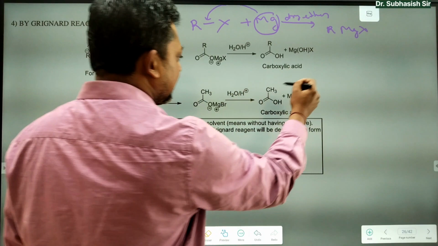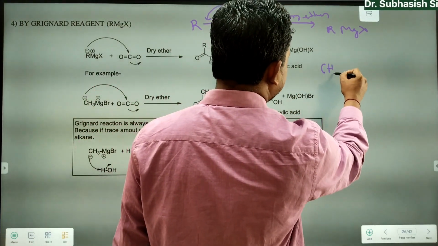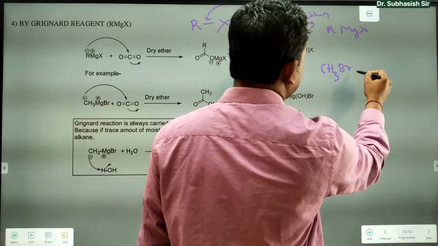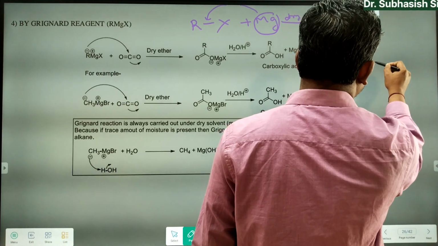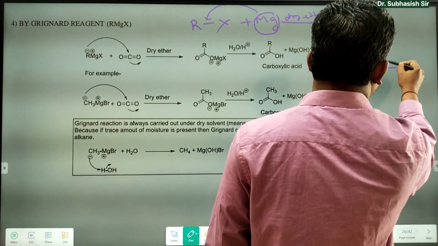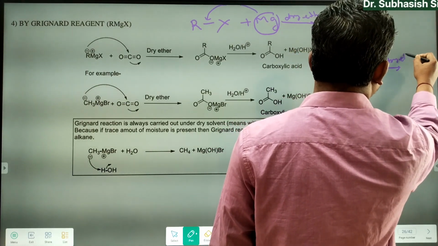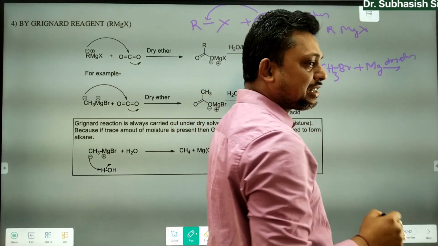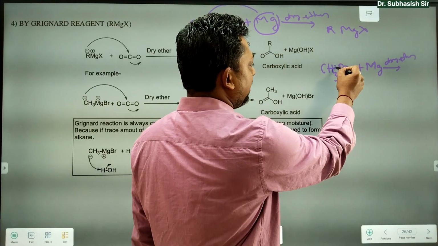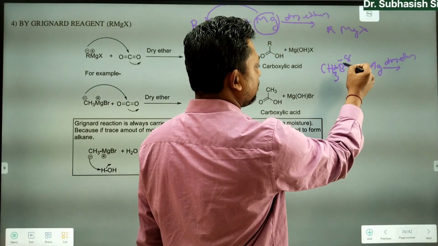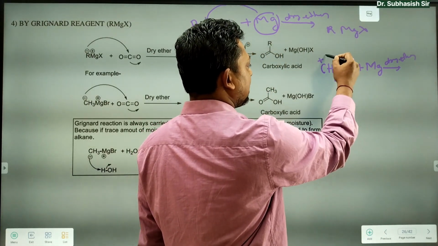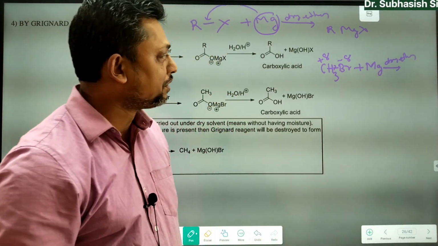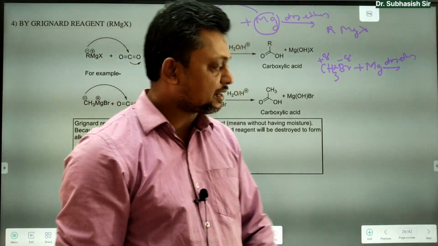So let us take one example. Suppose CH3Br. Okay, CH3Br, when you add magnesium and dry solvent, that is ether, here you can see, as I already discussed with you, bromine is electronegative, so it becomes partial negative, and carbon is electropositive, it will have partial positive character.